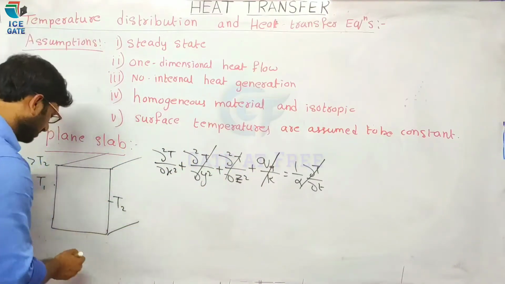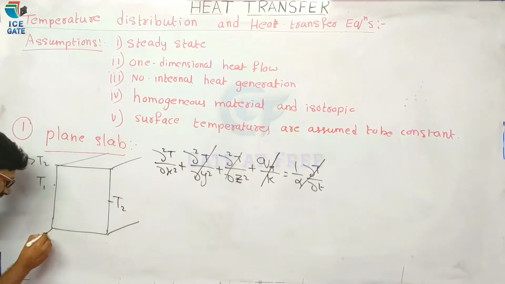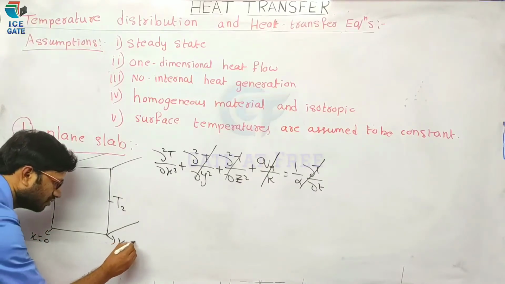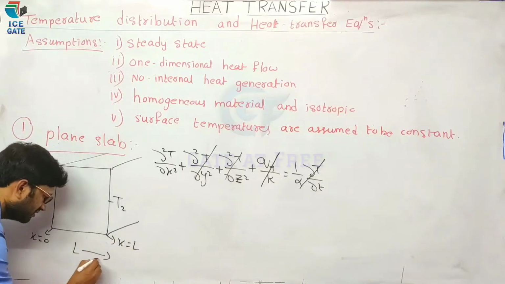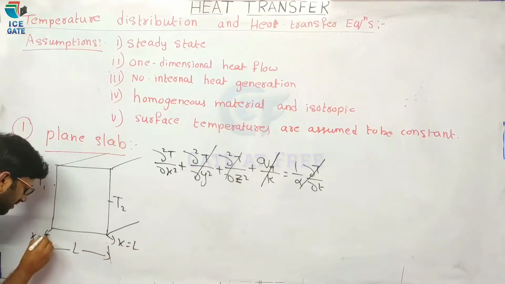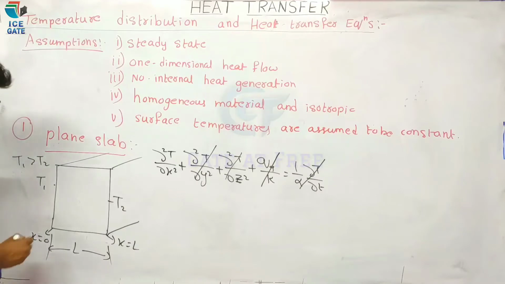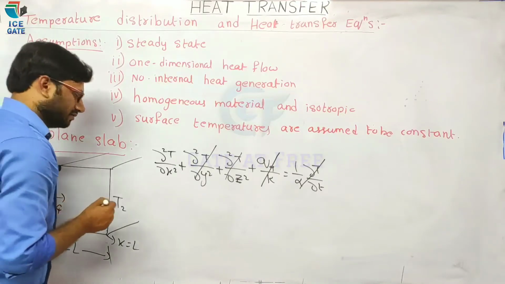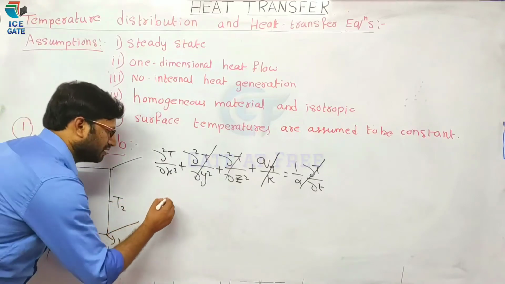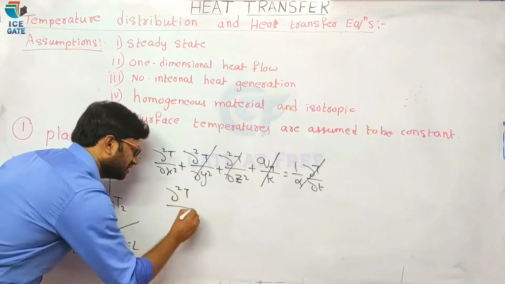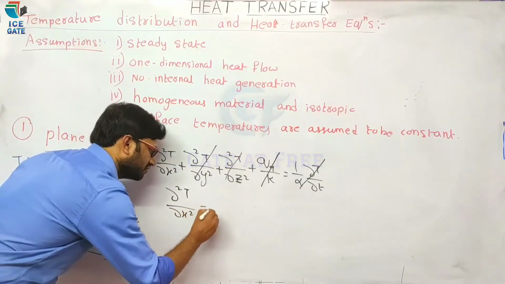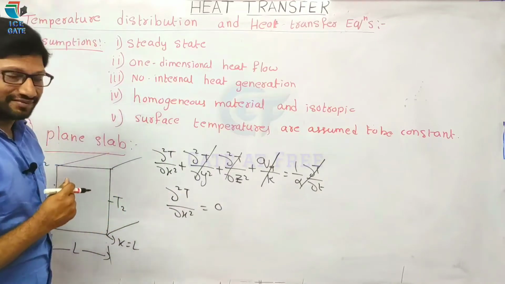Okay. Now say this is at x is equal to 0 and this is x is equal to L. Now the thickness of the plane slab is L. Now this is the heat flow direction. Now the equation is dou square T by dou x square is equal to 0.